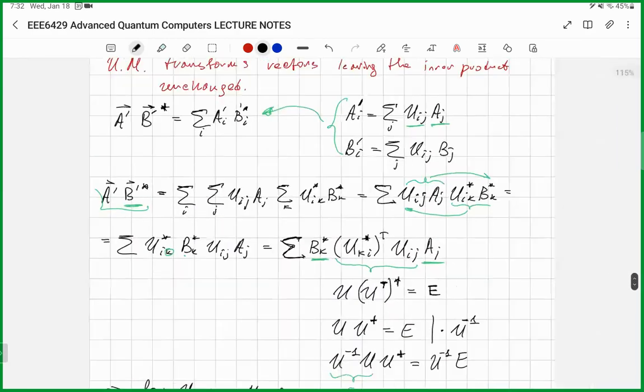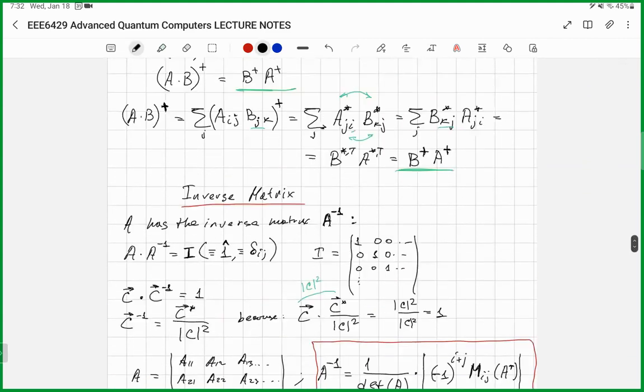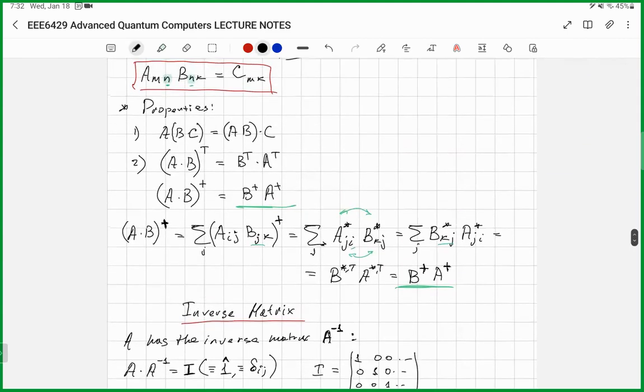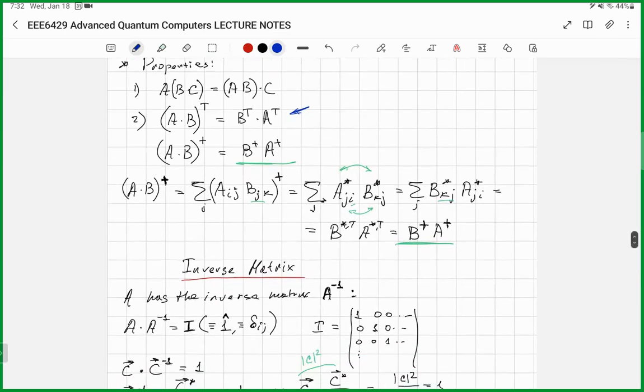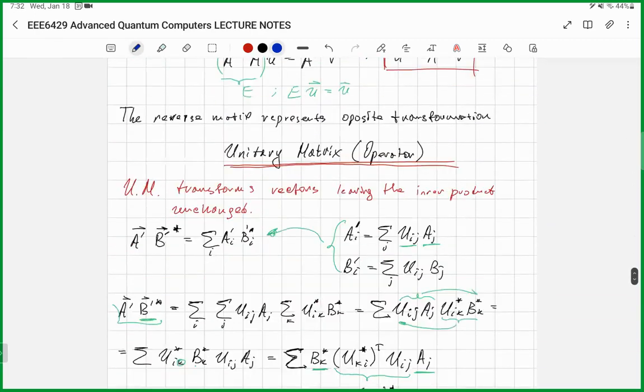From this property, the transposition of the product of two matrices is the product of the two transposed matrices in the opposite order.